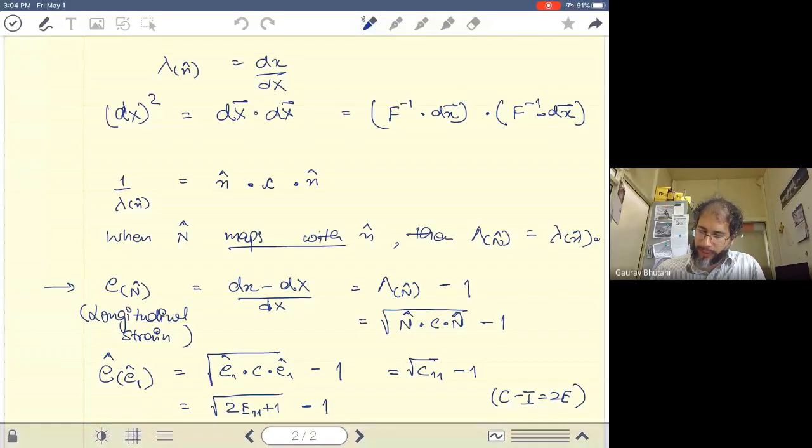Now we can use this expression where we have the longitudinal strain in E1 hat direction written in terms of the Lagrangian finite strain tensor component E11. We can write E11 in terms of small e.